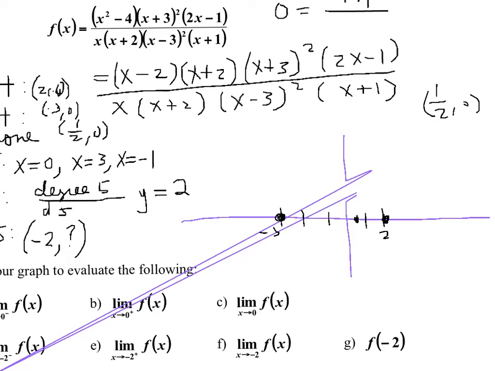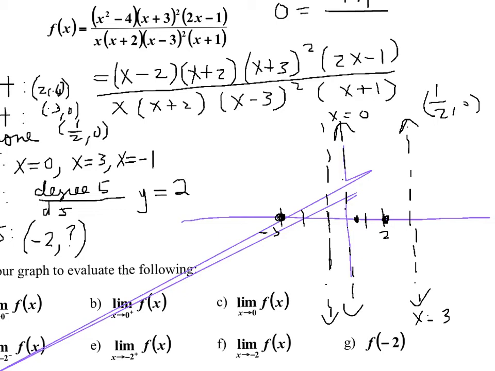And then the vertical asymptotes are at x equals 0, x equals 3, and x equals -1. Y equals 2 is a horizontal asymptote, so I'm going to put that in there.